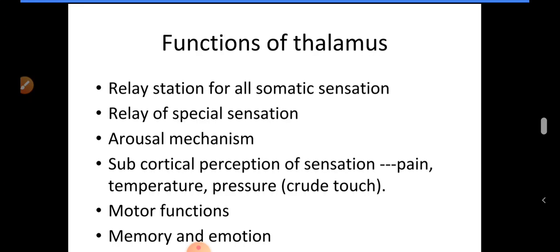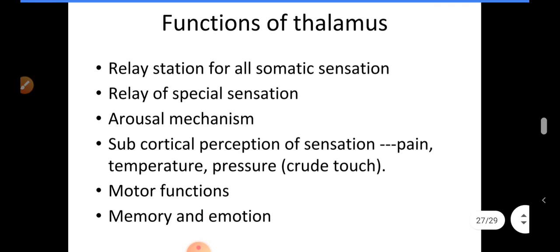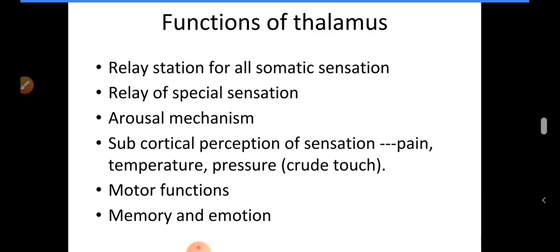In the thalamus there is a specific relay for specific sensations. The thalamus is not only a great relay station for all sensations but also forms a major center for integration and modification of peripheral sensory impulses before the impulses are projected to specific areas of the cerebral cortex. This function of the thalamus is called processing of sensory information.